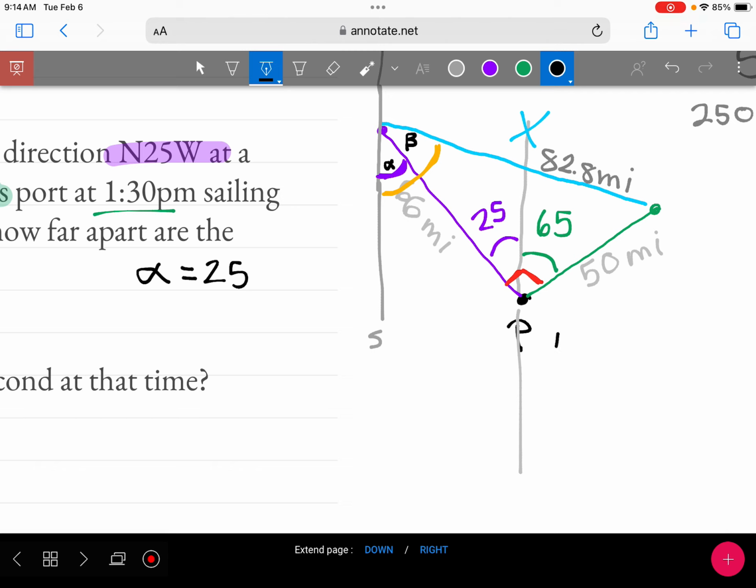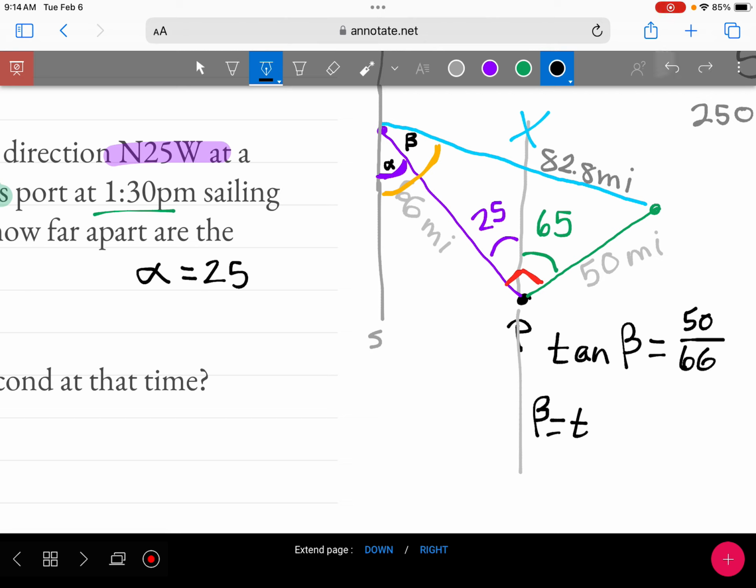So we're going to do the tangent of beta. Tangent of beta is what? 50 over 66. But I don't want the tangent of beta. I just want to know what beta is. What are we going to do? The inverse. Beta is the inverse.